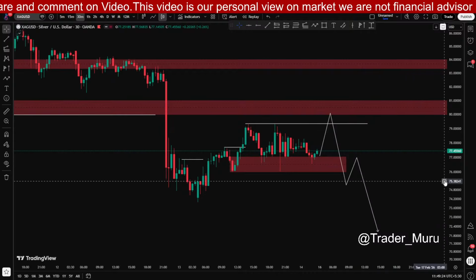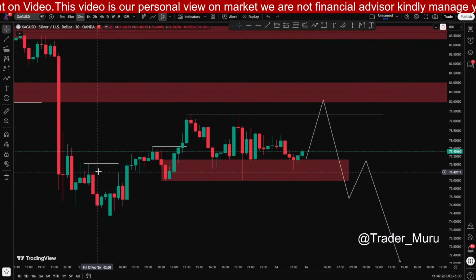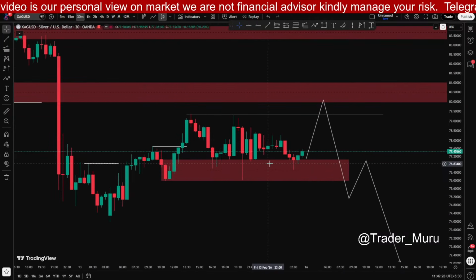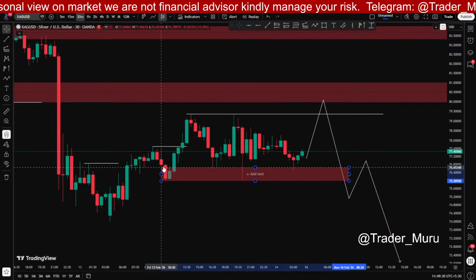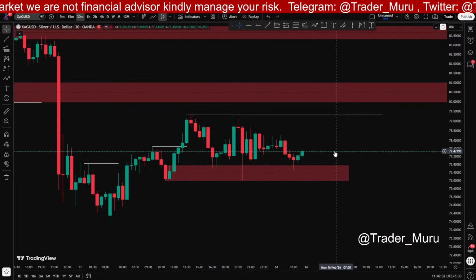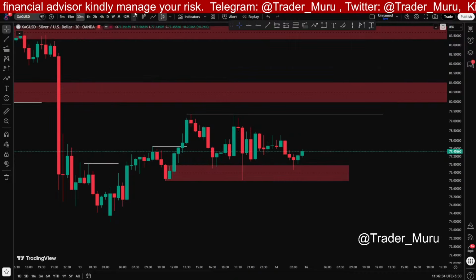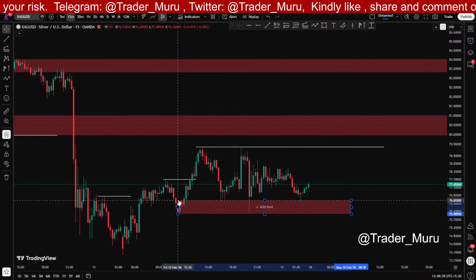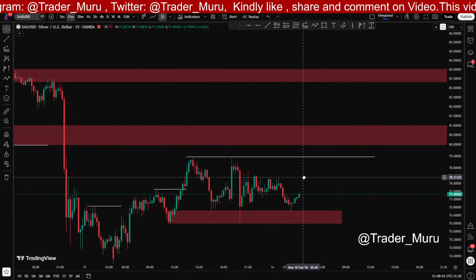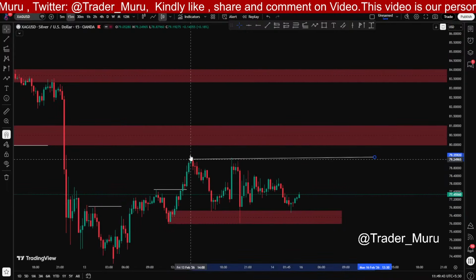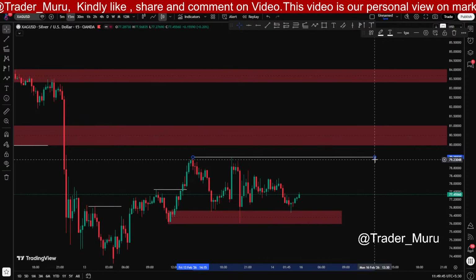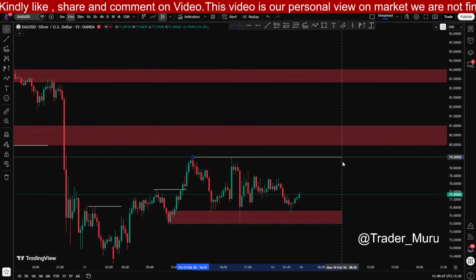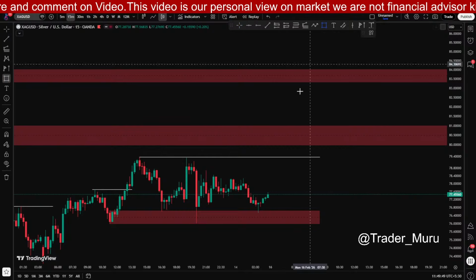Then we have 30 minutes still bullish. The 30 minutes zone has tested this area. Price is pumping. 15 minute is still bullish. If you want to buy silver, wait for the zone to get flipped.